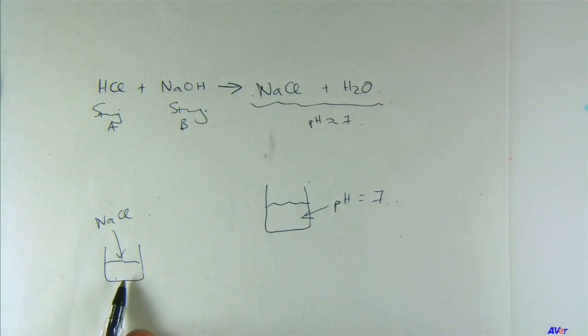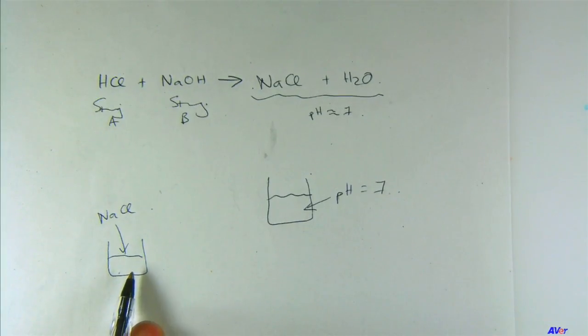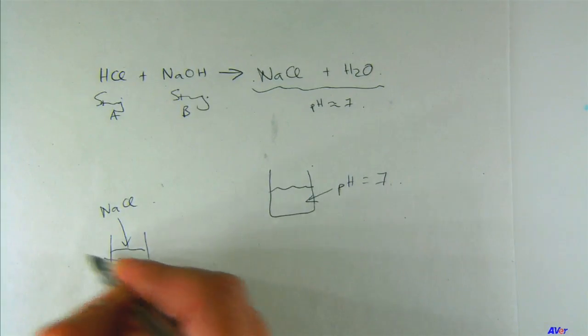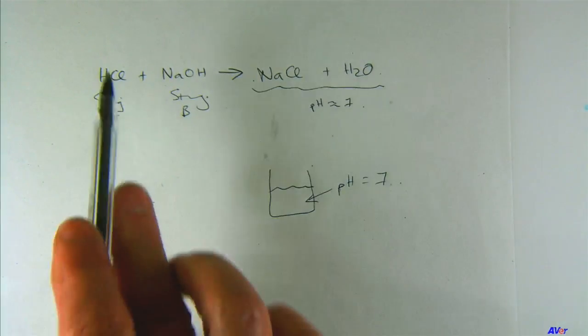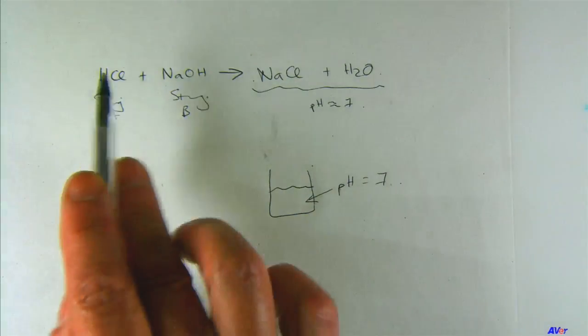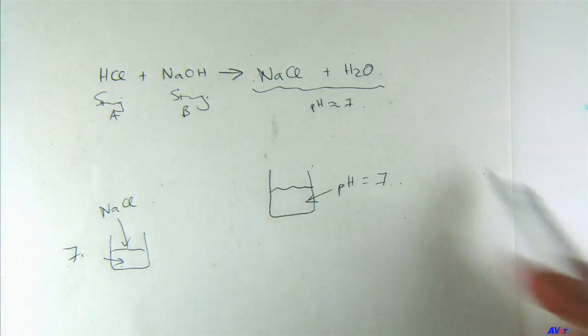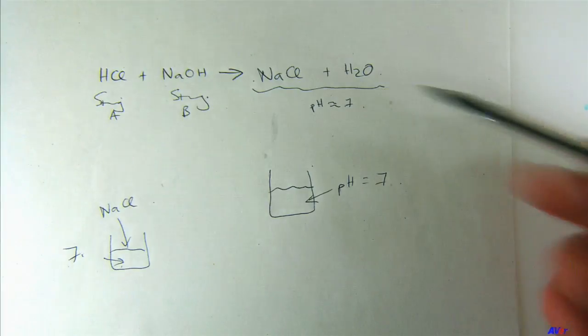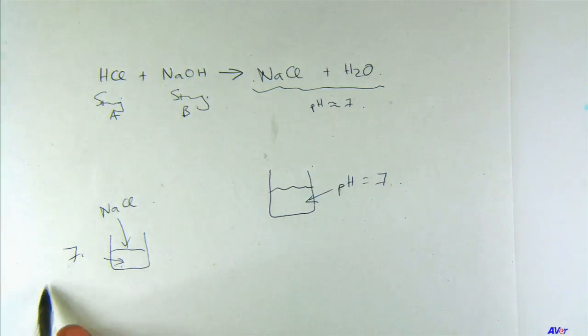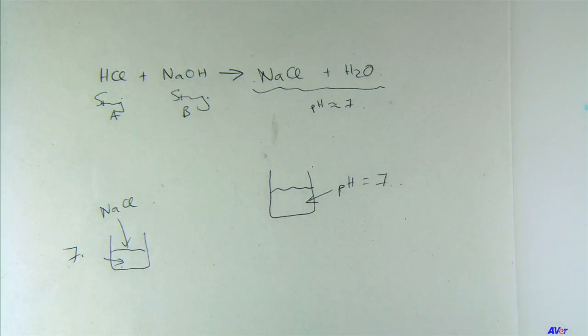What will the pH of that solution be? And the answer is also 7. It doesn't matter if I prepared it by adding an acid and a base together to get the salt solution, or if I made it by just adding the salt into water. I have a salt solution and therefore the final product will be like that.